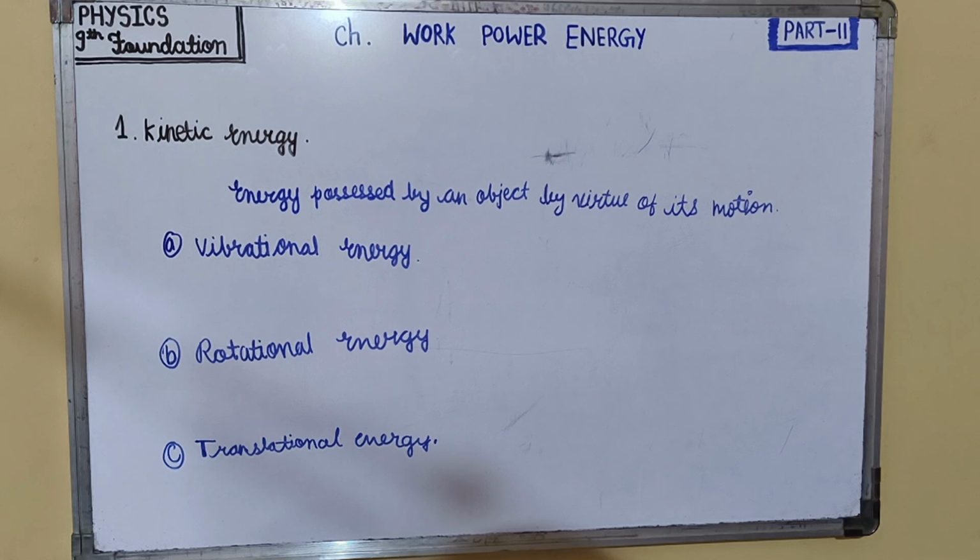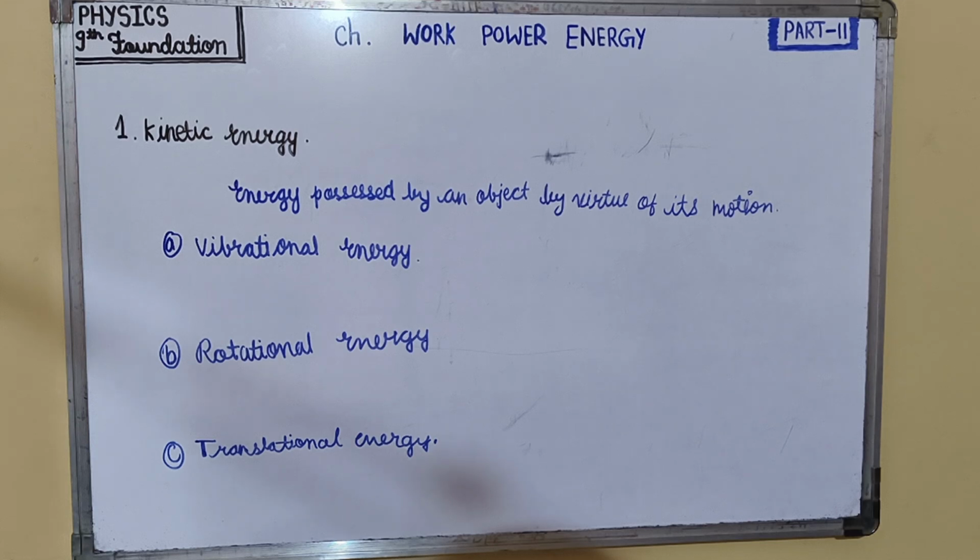Next, kinetic energy and velocity. Now consider case 2 of stones A and B of the same mass hitting a glass window. Let the velocity of A be VA, which is greater than the velocity of ball B, that is VB.